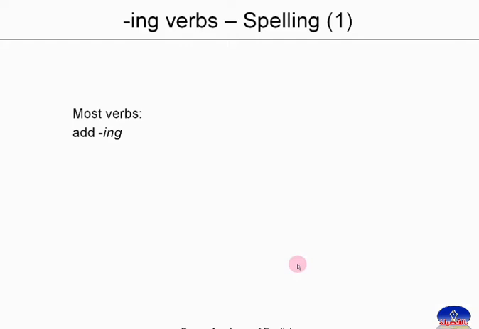Example. So, the verb carry becomes carrying, ing. Sing, we say singing, and drink, drinking. So, quite easy. Just add ing to the end of the verb.